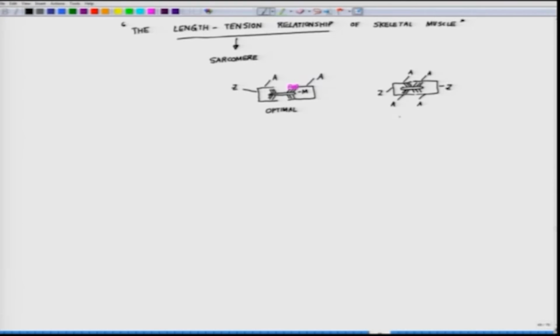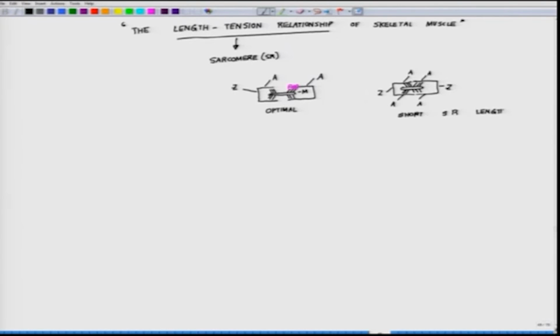So, the sarcomere length has become shortened. I am just putting sarcomere as SR, short SR length.